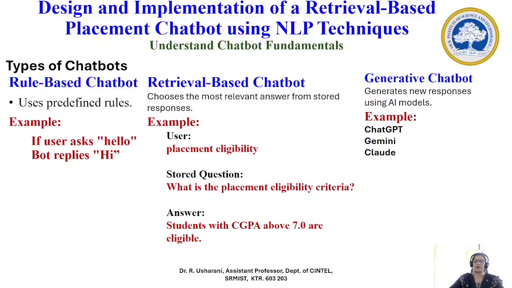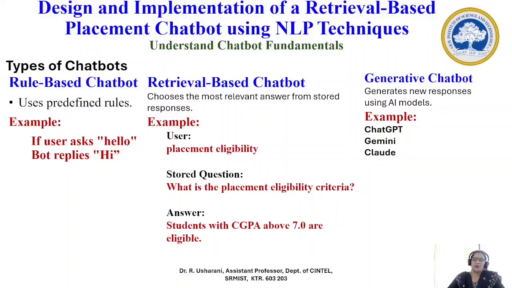Let us assume it contains the question, what is the placement eligibility criteria. Then the query is checked against this stored question, and if the scoring criteria is high, the relevant answer is retrieved from the database: students with the CGPA above 7 are eligible.